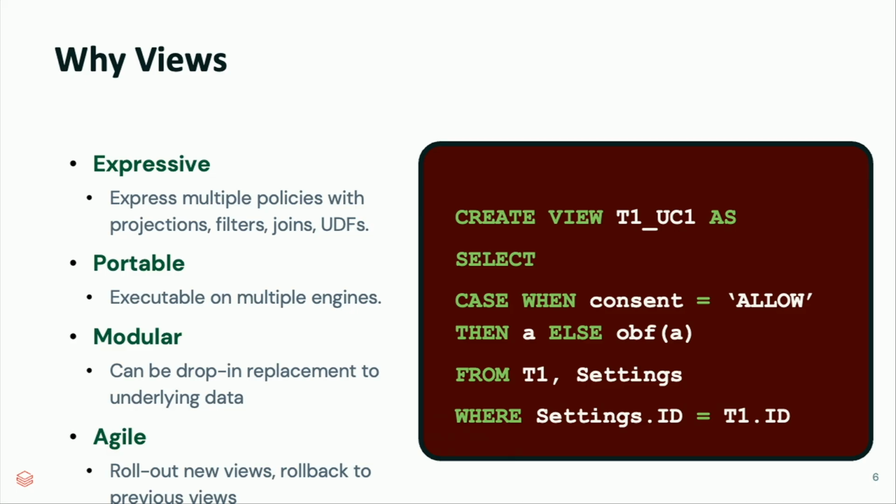And then if the user allows the data to be seen, such as expressing consent equals allow in the settings table, then we show the data unobfuscated. But if not, then we obfuscate the data and then show it. So this is an example that shows us how expressivity in views helps us achieve advanced compliance rules, where settings are stored in one table, the data itself is stored in another table, and then we implement the privacy at each user level.